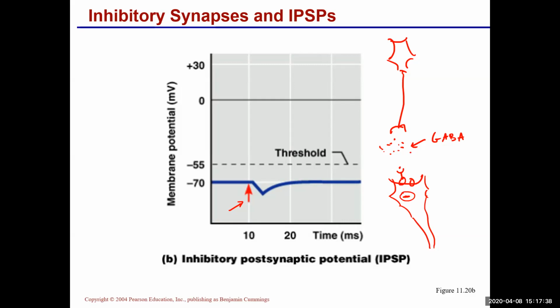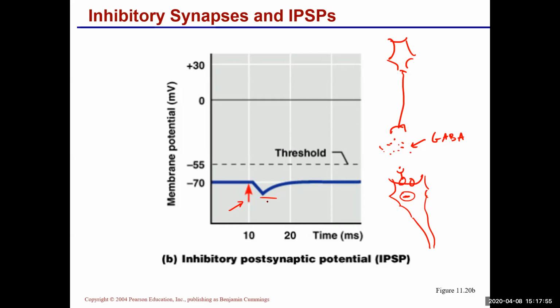So obviously it's not sodium ions going in. If sodium ions went in, just like with EPSPs, then it would have been positive. But in this case, it's negative, right over here.